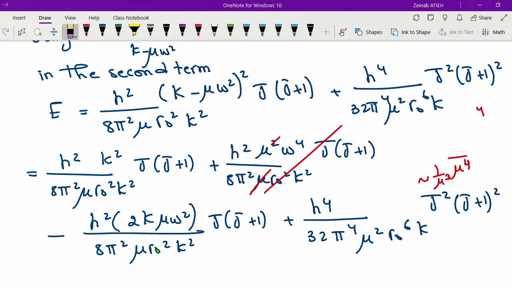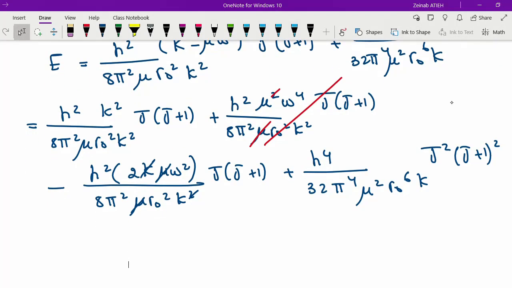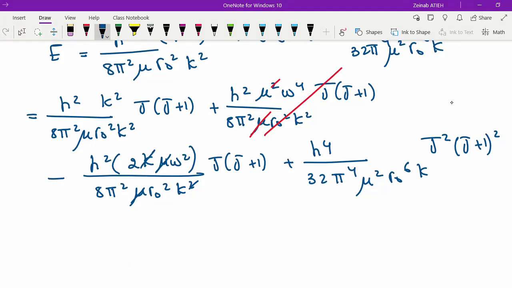Let's take a look at this third term. We can get rid of K here, we can get rid of mu. Okay, let's substitute the omega by its equivalent value. So h squared, we can get rid here of K over 8 pi squared mu R0 squared J plus 1.